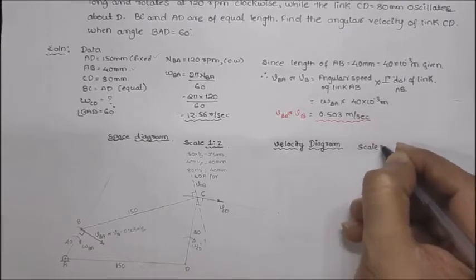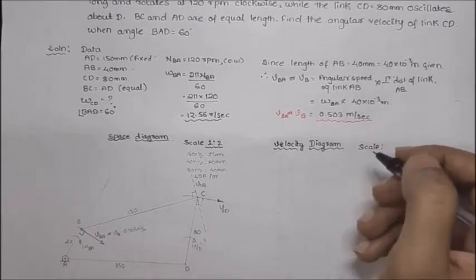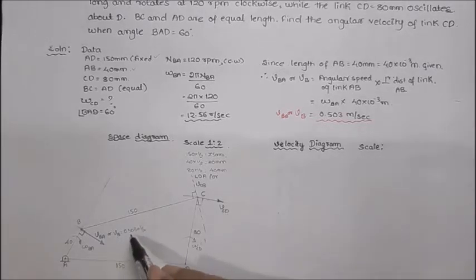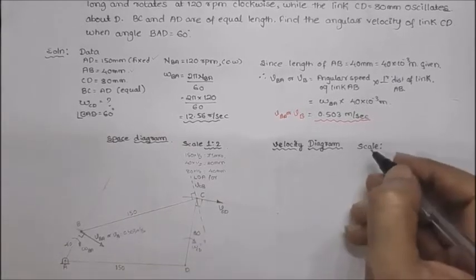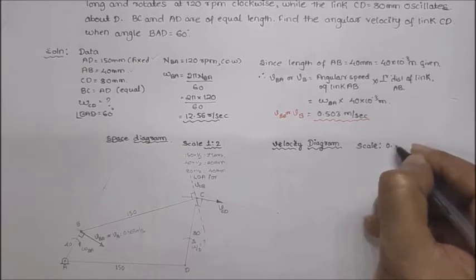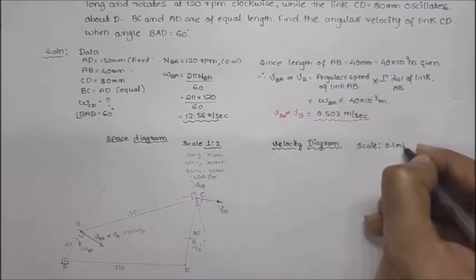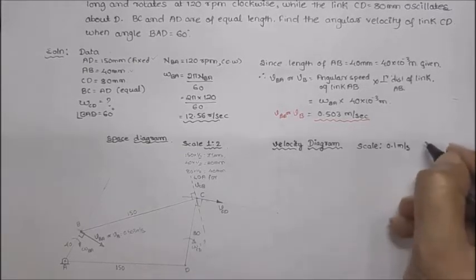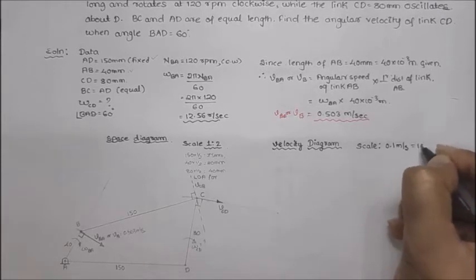From where will we get the scale? We know one known magnitude, that is 0.503 meter per second. So we'll take the scale from this itself: 0.1 meter per second equal to 10 mm.